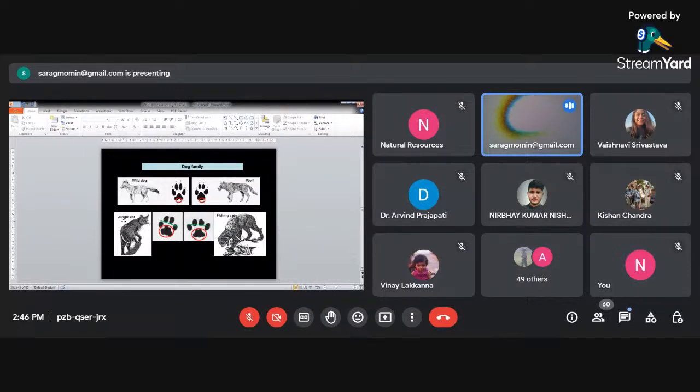Now come to point number 3: the angle of the pug mark. If the pug mark is pointed straight, then this belongs to the fishing cat. If it is pointed at almost a 45 degree angle, then this belongs to the jungle cat.